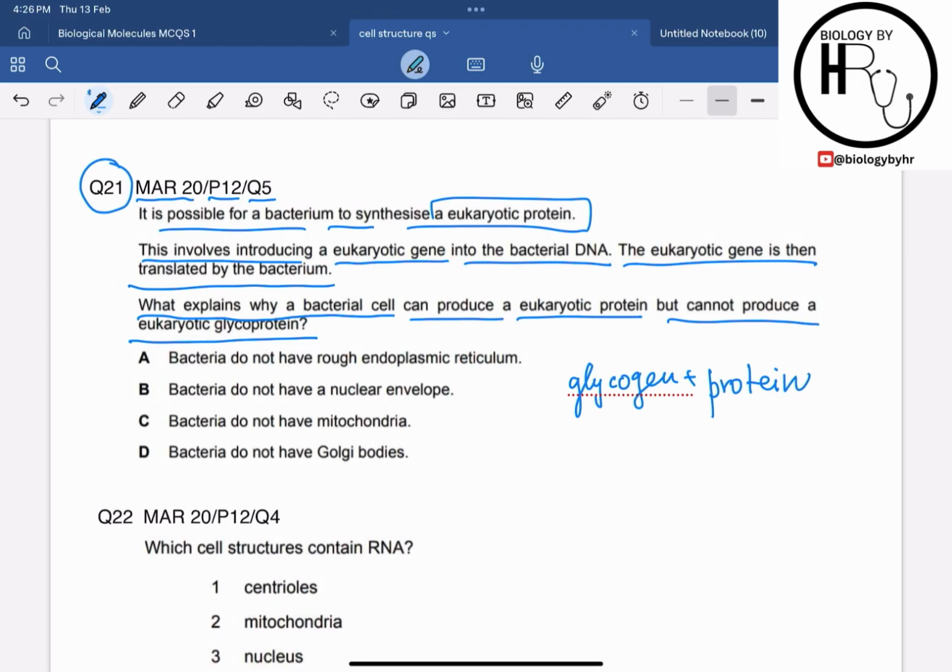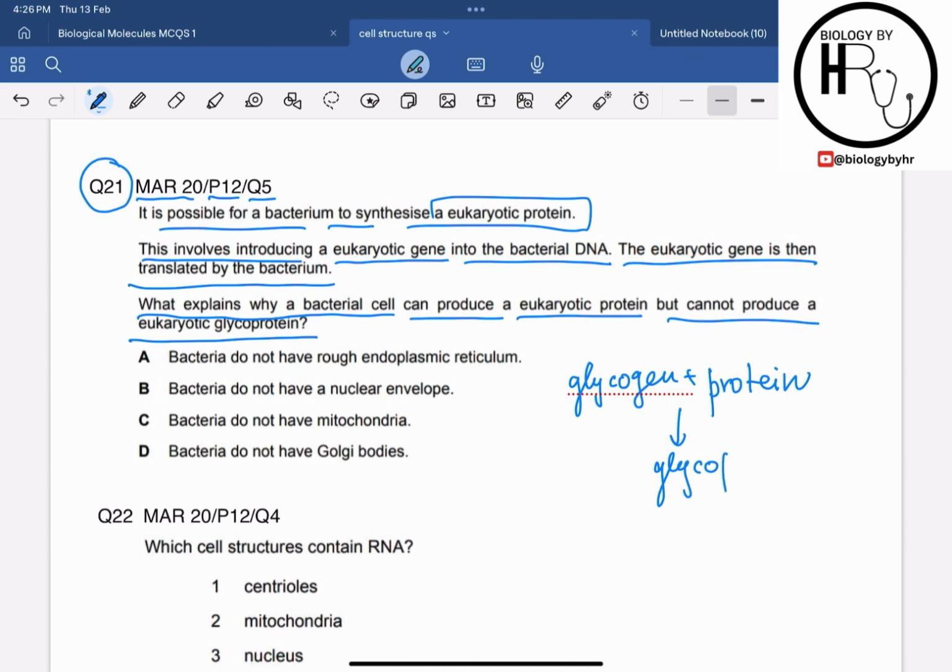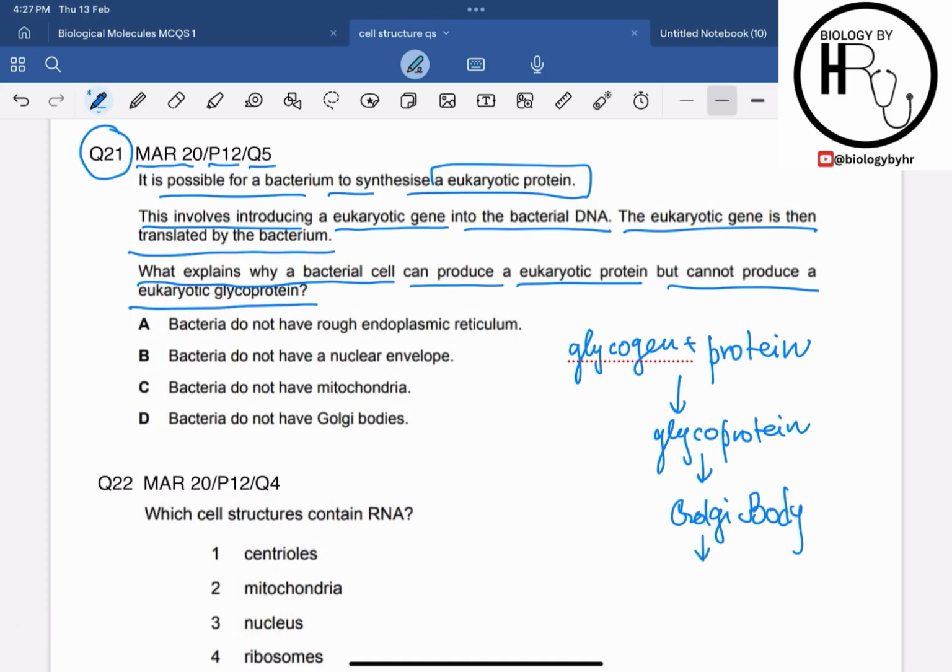So it forms the glycoprotein, and this conjugation, or you can say this modification, is happening in the Golgi body. We know that the Golgi body is a membrane bound organelle, right? And prokaryotic cells, which are the bacterial cells, do not have membrane bound organelles.